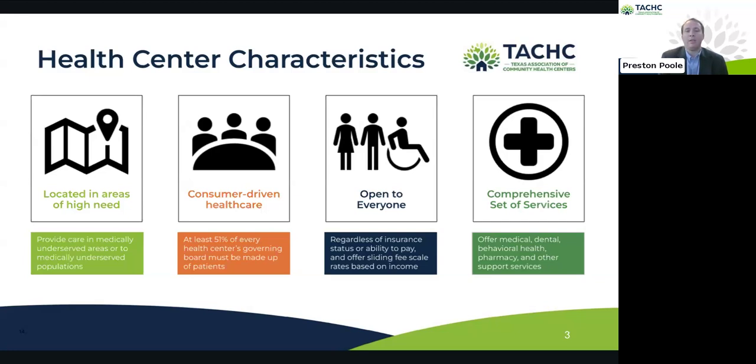So depending on what their yearly income is, the health center will only charge the patient a nominal fee for the services that they receive that day. And that goes all the way up to 200% of the federal poverty level. And so we have seen that really creates access for patients in their communities.